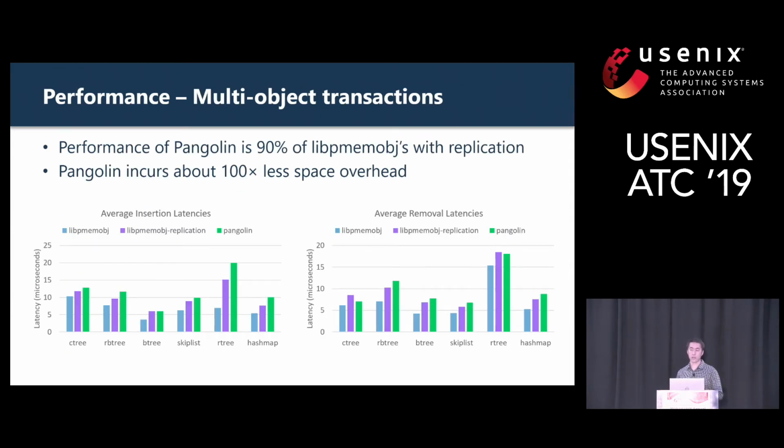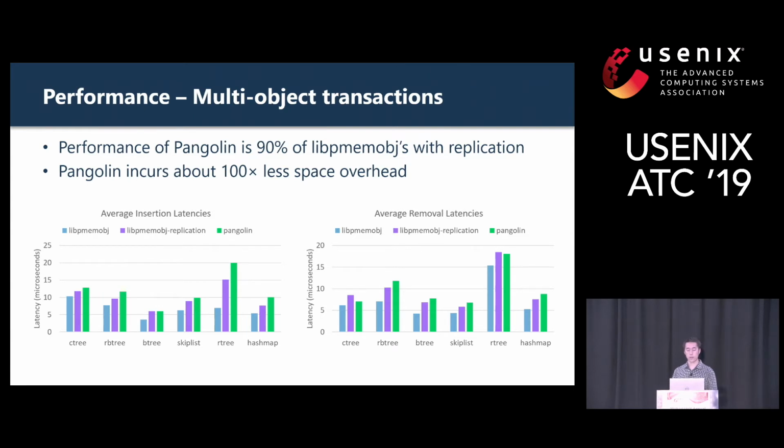We also evaluate Pangolin's performance using complex data structures that involve multiple objects. The two figures show average insertion and removal latencies for 6 mapping data structures. For these mapping data structures, Pangolin's performance is 90% of libpmemobj with replication. The reason for some lost performance is that some data structures are large, but a transaction only modifies a small part of it.